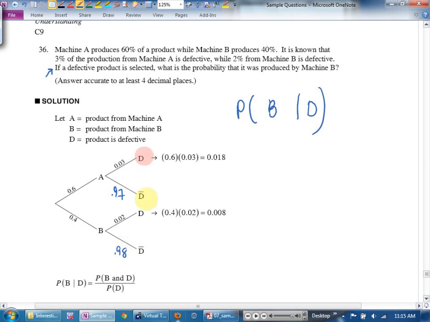The branch that has both of those is that branch. It's going to be 0.4 times 0.02. Any branch that ends in a D is that one or that one. What does or mean? Add. So that branch, 0.4, 0.02, divided by that branch or that branch.